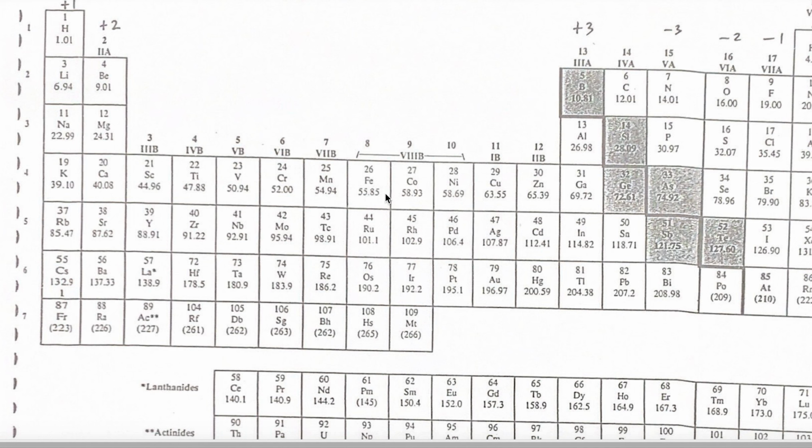The bottom number is the atomic mass. It tells you the average atomic mass of an atom, and that's in AMU. And if you do it in moles, that will be grams per mole. So we're going to be using that larger number.